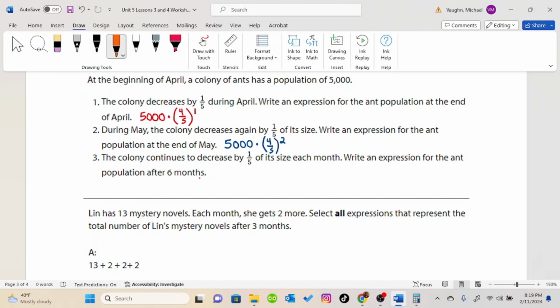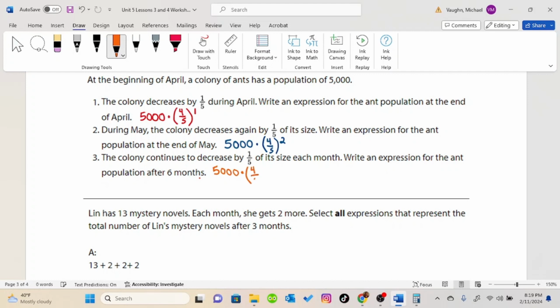And number 3, the colony continues to decrease by 1/5 of its size each month. Write an expression for the ant population after 6 months. We start with the original population of 5,000 ants. We multiply by the factor, which is the remaining proportion.